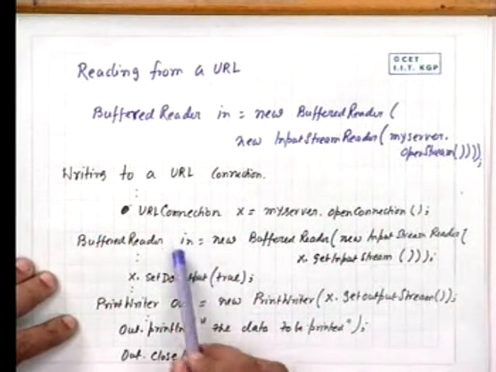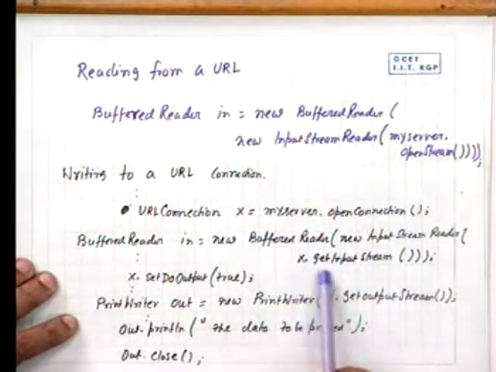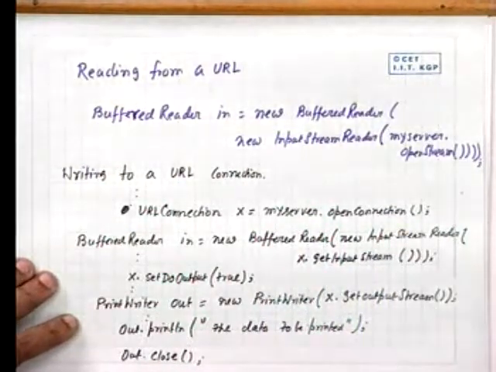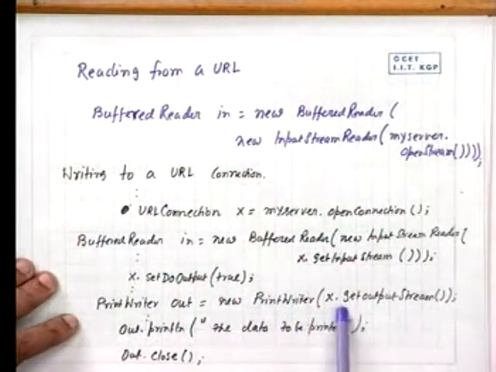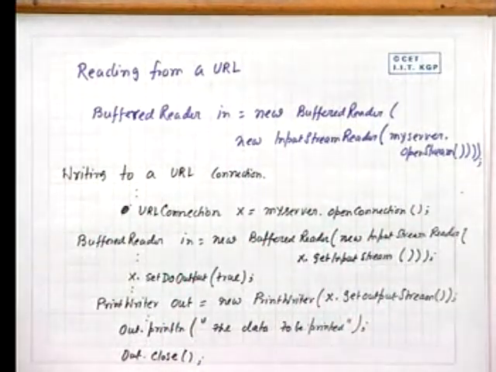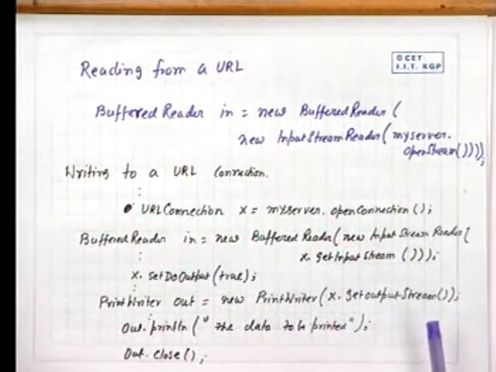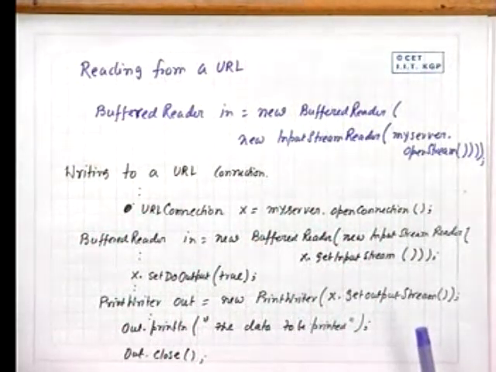Once we have opened the connection, we can read from that URL or we can write to the URL connection. Methods like getInputStream or getOutputStream are available with the URLConnection class, and can be used to read or write from a URL connection.